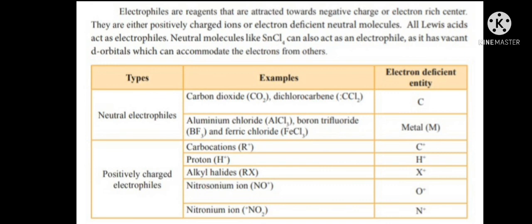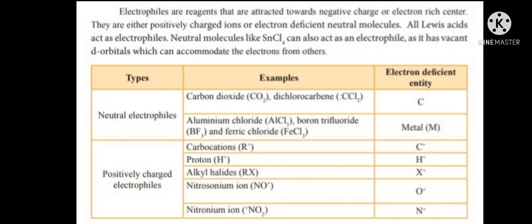Here the electron-deficient entity is X plus. Next one, nitrosonium ion, it is given by NO plus. Here the electron-deficient entity is O plus. Finally, nitronium ion, it is given by NO2 plus. The electron-deficient entity is N plus.